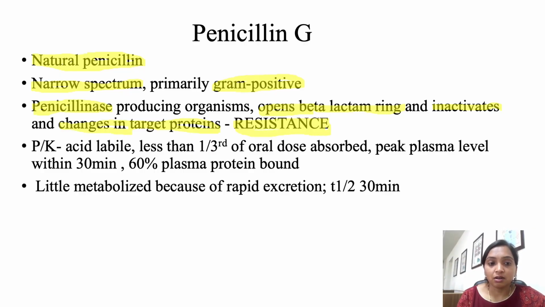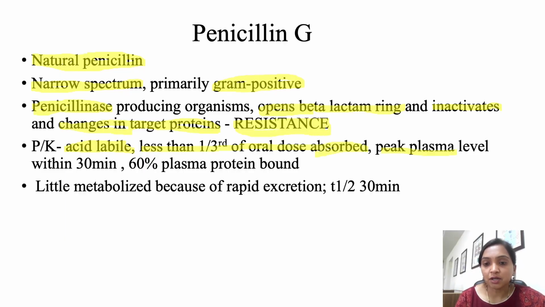Apart from this, moving on to its pharmacokinetics, it is also acid labile, meaning it cannot be given by mouth, because in the presence of gastric juice it is destroyed. Less than one third of the oral dose is absorbed.